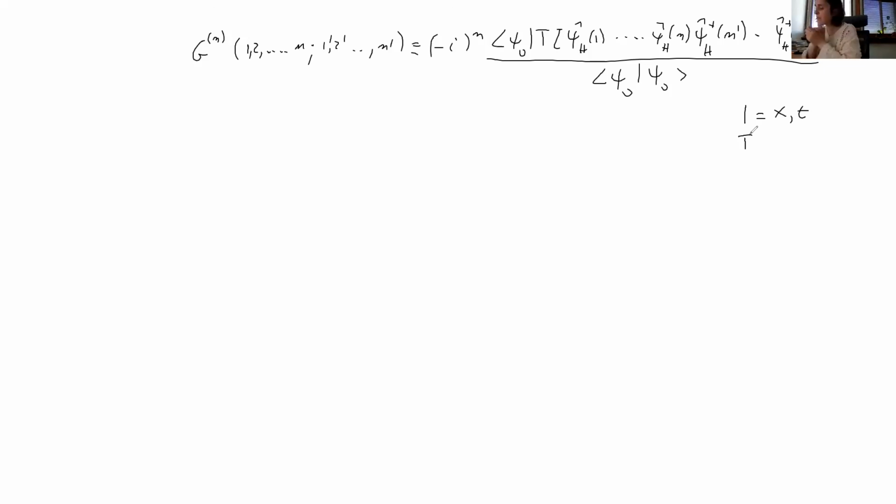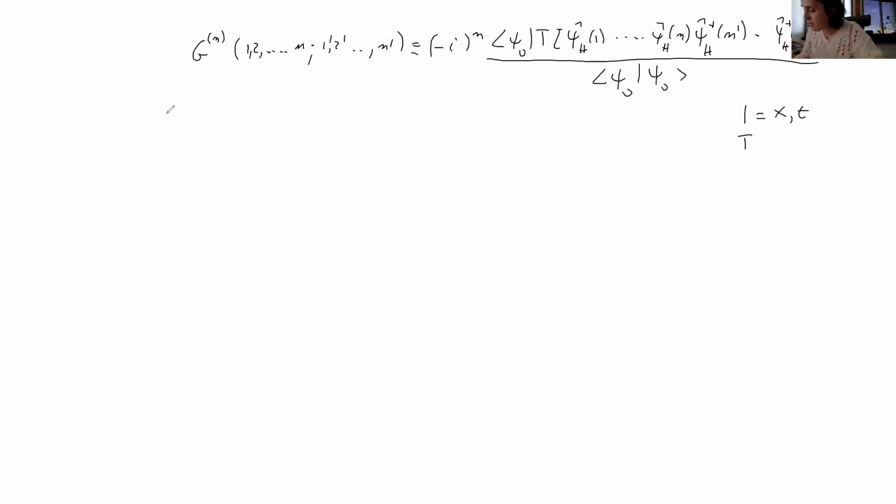Ordering to the left the later times, okay? So only one of these orderings is the one that will give us, for example, the gamma n. Because we have to put the operators in such a way that we get the definition of gamma n. So the n-body Green's function has much more information than the n-body density matrix.